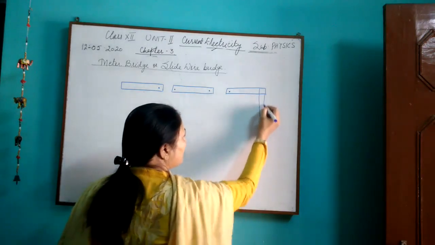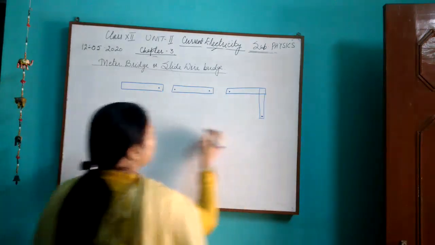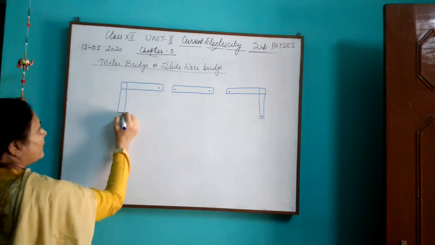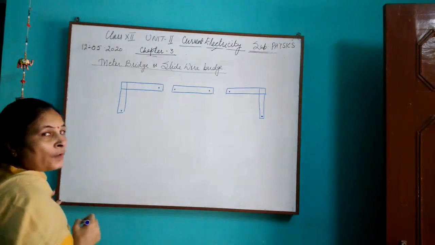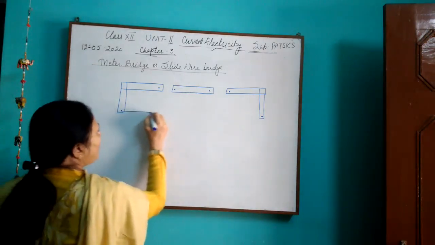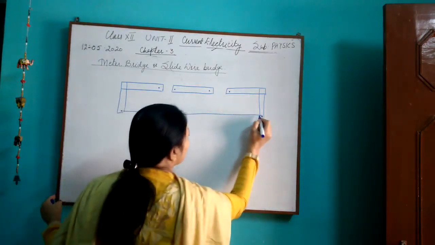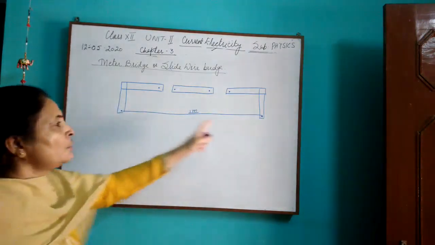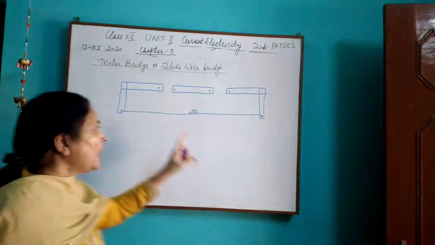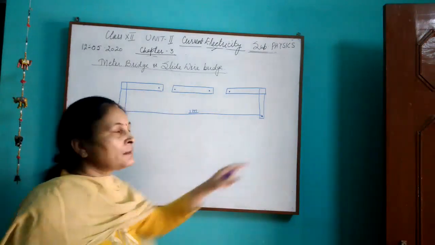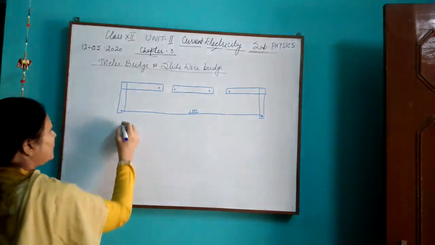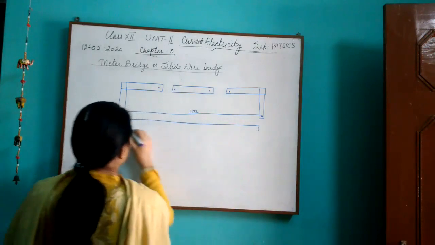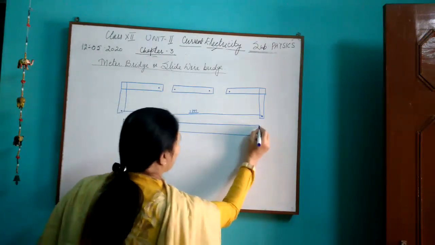Then we'll have a metallic strip on this side, again a clamp, a metallic strip on this side, again a connection over here, and a 1 meter wire is stretched between these 2 points. And to measure the distance on the 1 meter wire, we also have a wooden scale attached on the board itself.